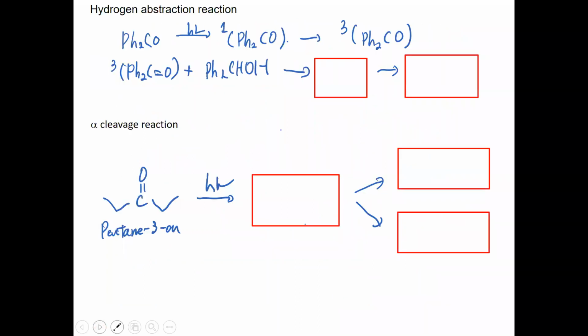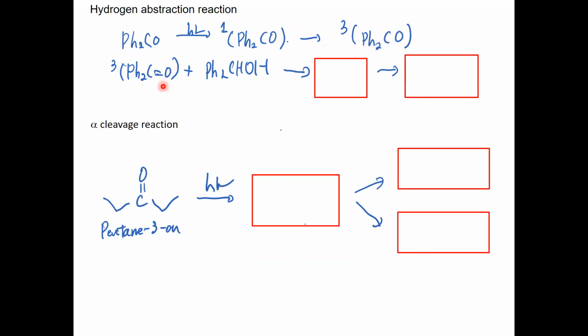So let's take some of the examples I've already mentioned. The first is the hydrogen abstraction reaction, which was actually already shown before. It's benzophenone. Benzophenone is excited to the singlet excited state and changes into almost 100% triplet state.